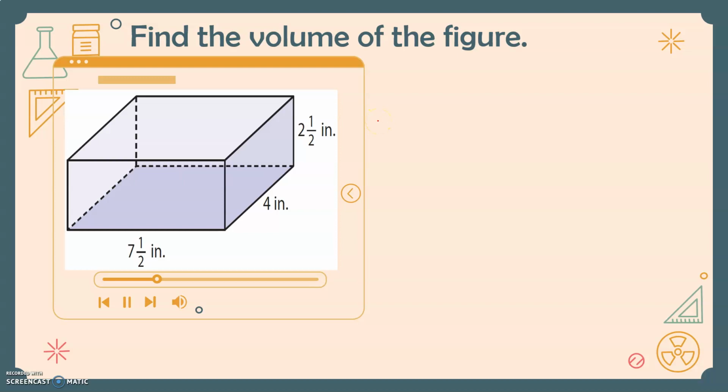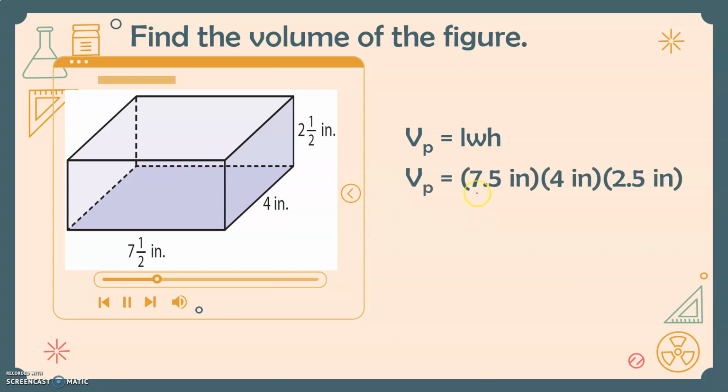But again, this figure here is a rectangular prism, so the formula that we'll use is length times width times height. For us to be able to compute for its volume, it will be much easier for us to convert the fractions into decimal numbers. Since the fractions here are, 1/2 is converted as 0.5 in decimals.